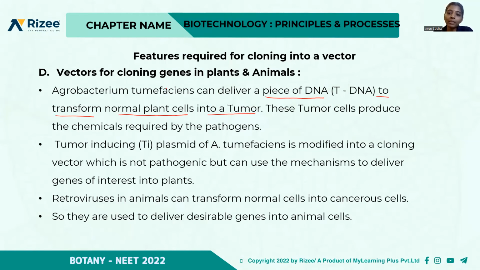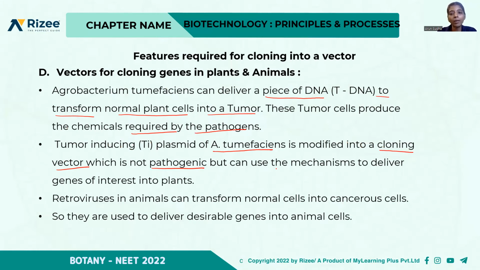And these tumor cells produce the chemicals required by the pathogens, right? So now this tumor-inducing Ti plasmid of Agrobacterium tumefaciens is modified into a cloning vector. We are transforming it into a cloning vector, which is not pathogenic.